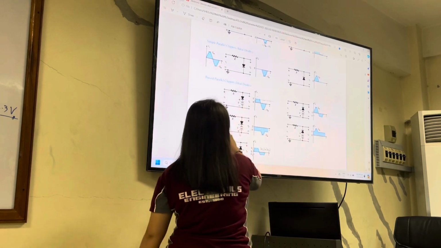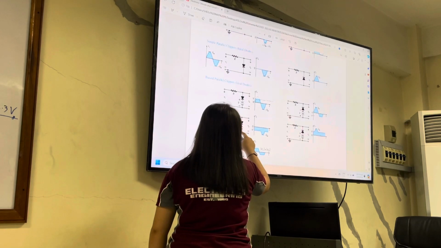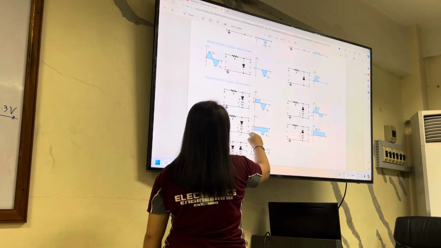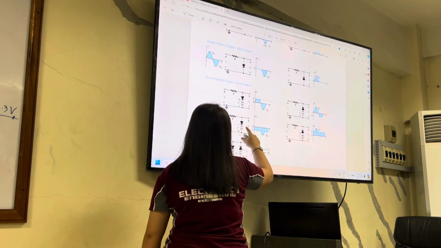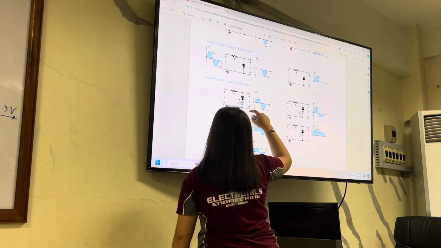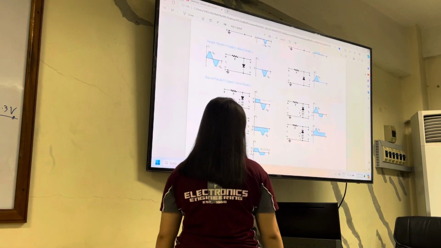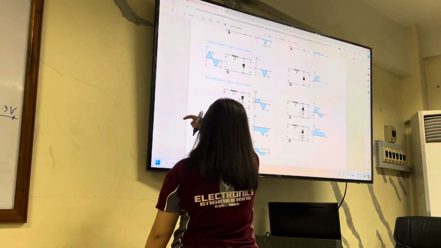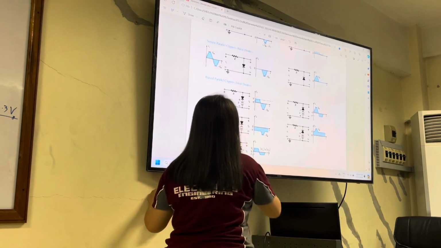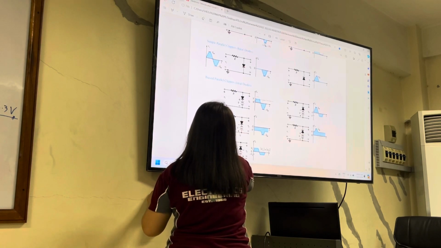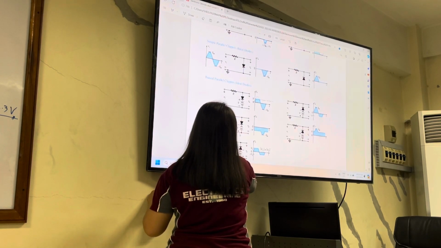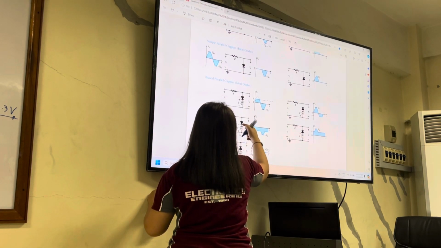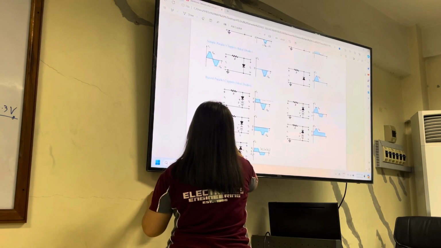Now this part, we have the reversed orientation of the DC supply. At the positive half cycle, it is conducting. So we have negative V: positive, minus V minus V, so 0.